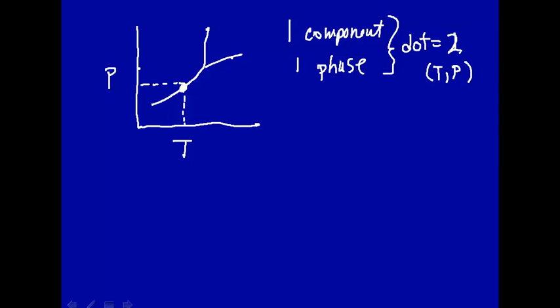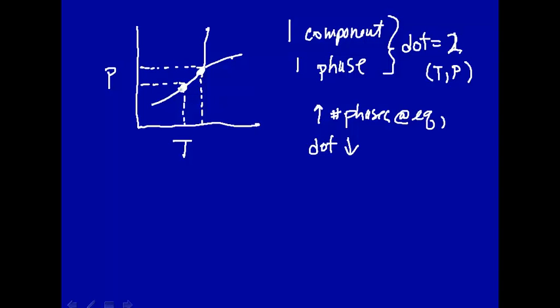Or similarly, suppose you specify a pressure. If you want the 2 phases to coexist, it has to be on this line. So when you specify a particular pressure, you no longer have freedom to specify the temperature. It has to be that temperature which will give you this point on the line. So if you increase the number of phases that you want at equilibrium, the degrees of freedom decrease.